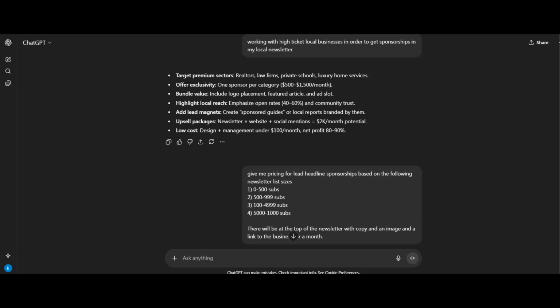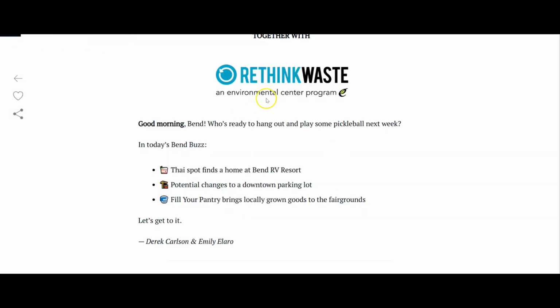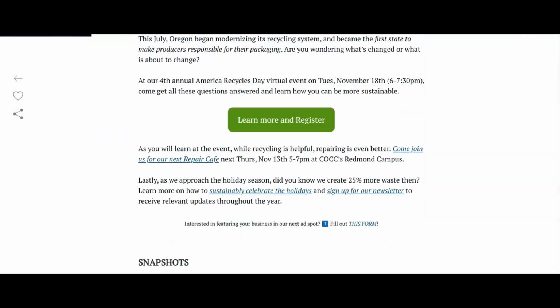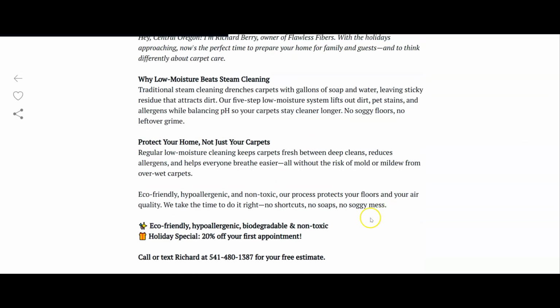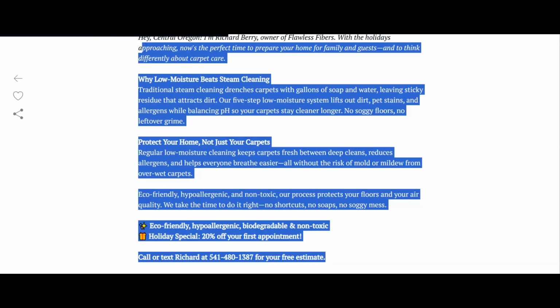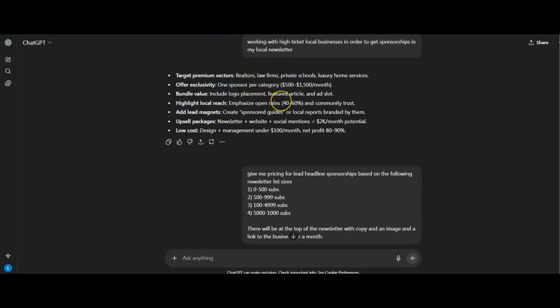So I just want to talk about the kind of business that you want to be approaching for this kind of ad that goes at the top, where you're giving them this much space in your local newsletter. So the first thing we want to do is target premium sectors. This is what we might call high ticket local services.